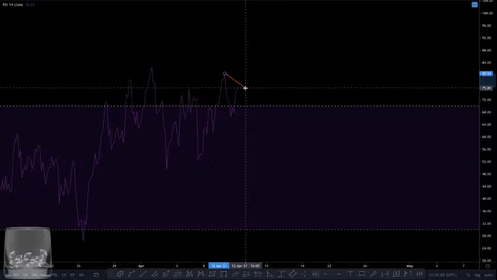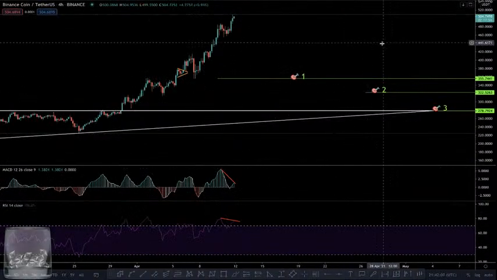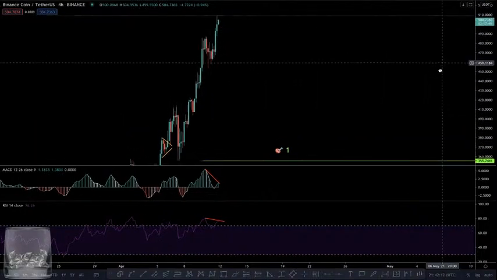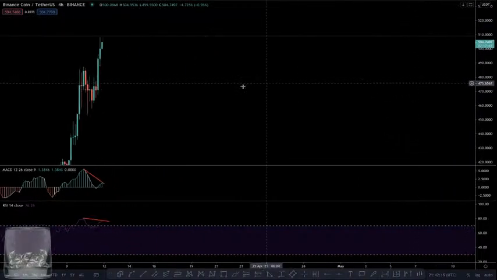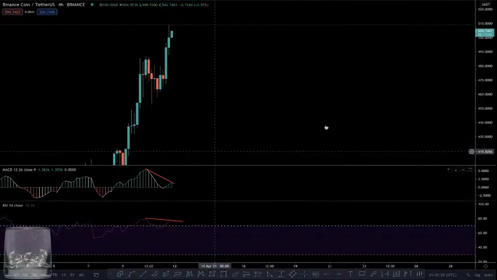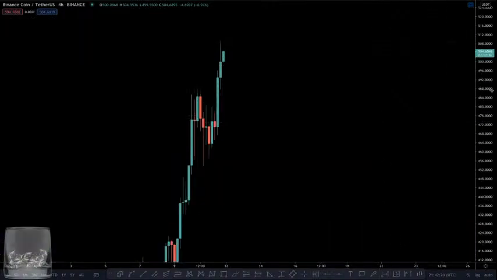C'est la vie. Yeah, I don't really like what I see here on BNB. I think that this is kind of running its course to an extent. I just don't like these levels here. We're at a 1618 and we exceeded it into the optimal area.